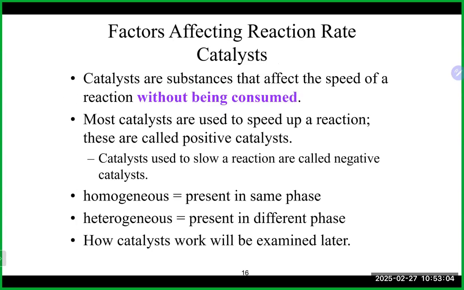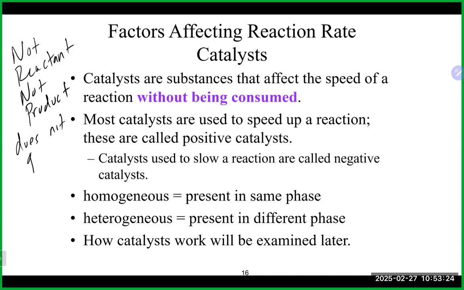Another thing that can affect the rate of reaction is a catalyst. A catalyst is not a reactant. It is not a product, and it does not get used up in a reaction.